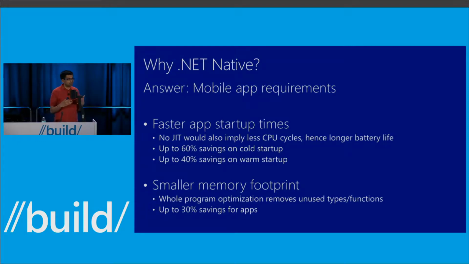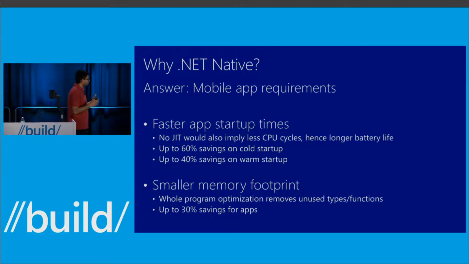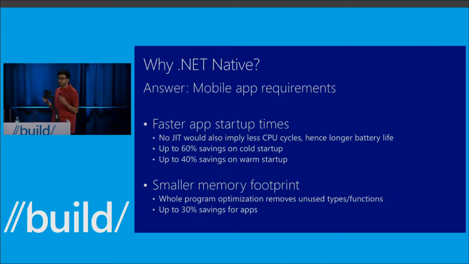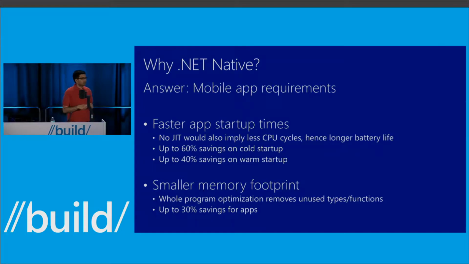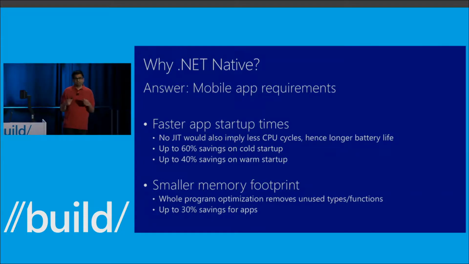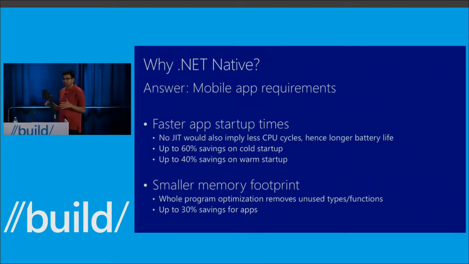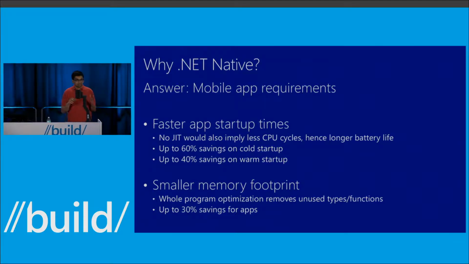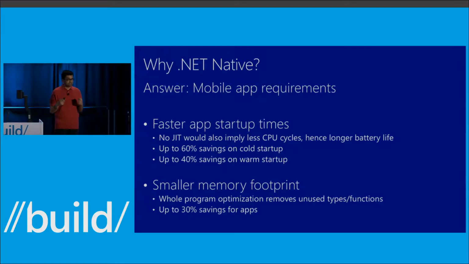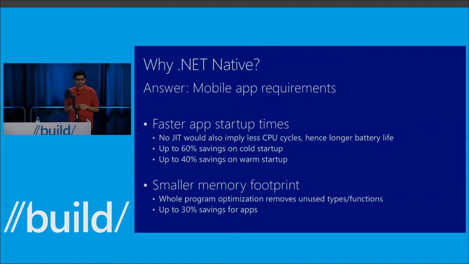And so with .NET Native, we have the technology, and we're bringing it to you to help improve startup times with hopefully very little work on your end. The reason why we are able to achieve a fast app startup time is because we are trying to avoid JIT completely. So just-in-time compilation will not happen on a device if you're using .NET Native. And that's one of the reasons why the apps are faster, and they also start up faster as well.